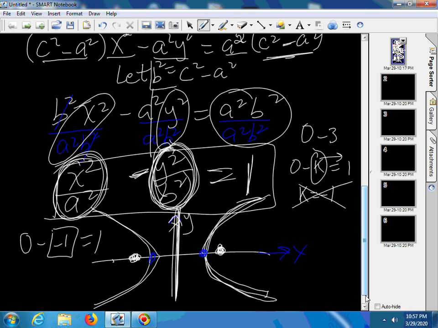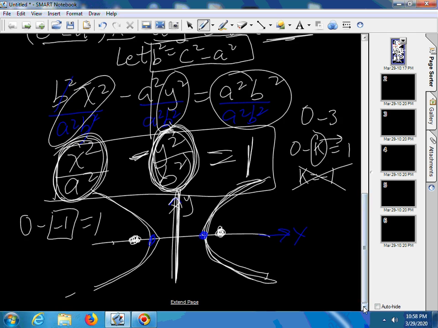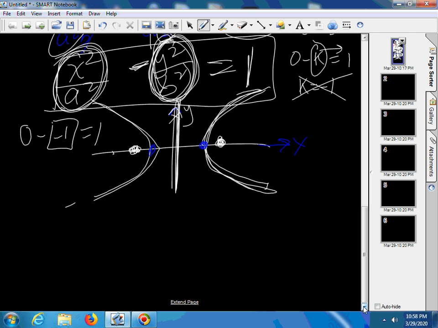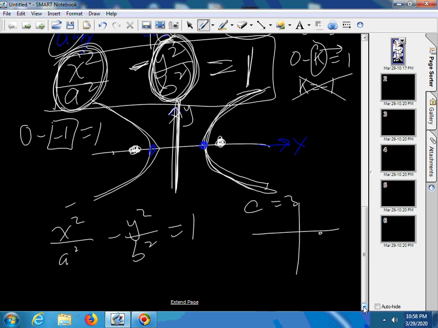Just remember that you have this relationship. The b squared in the formula, you come down a moment. When you have x squared over a squared minus y squared over b squared equal 1, and you're told what c equals, c can be 3 maybe. That means the foci is at 3 and at negative 3.